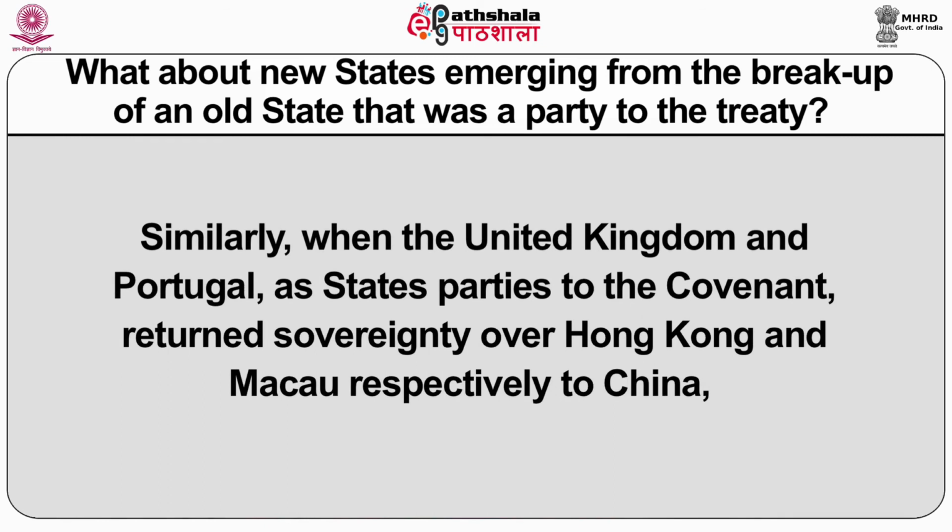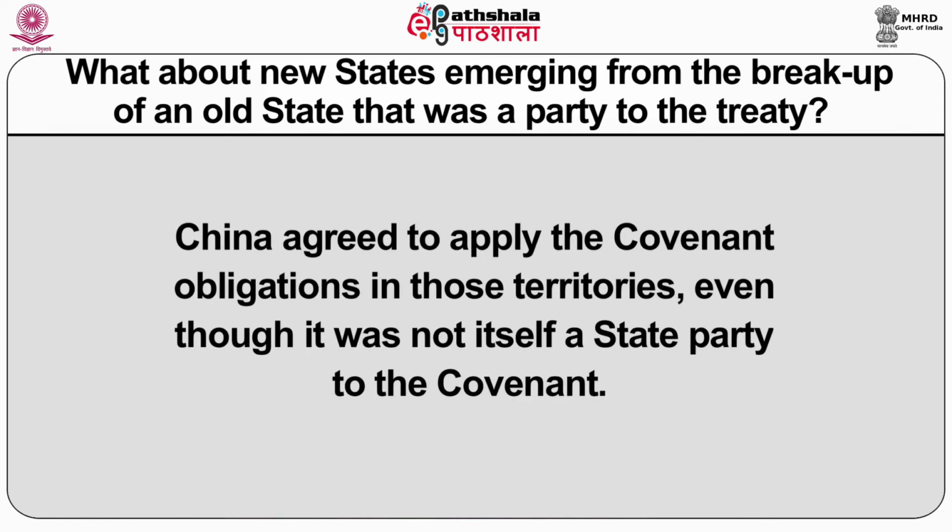Similarly, when the United Kingdom and Portugal, as states parties to the covenant, returned sovereignty over Hong Kong and Macau respectively to China, China agreed to apply the covenant obligations in those territories even though it was not itself a state party to the covenant.